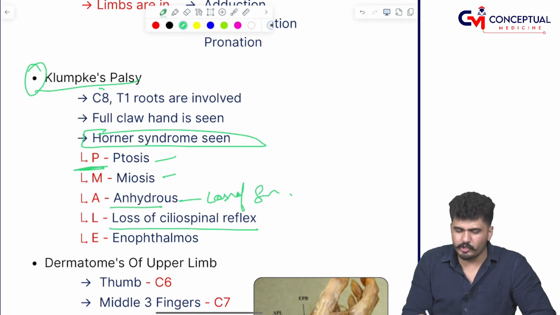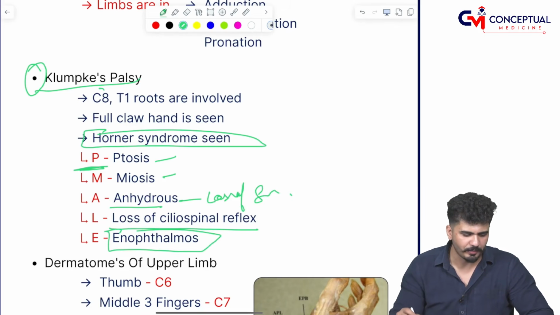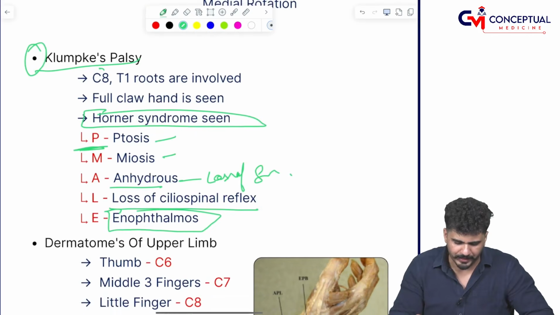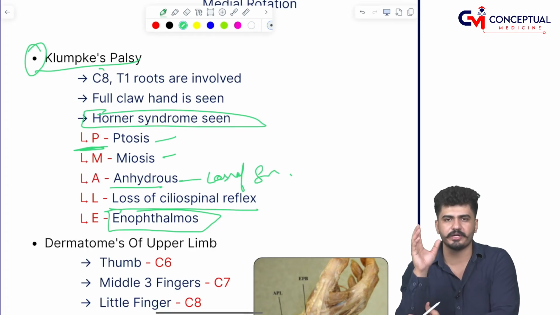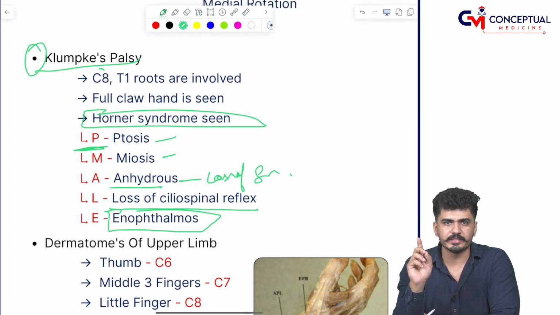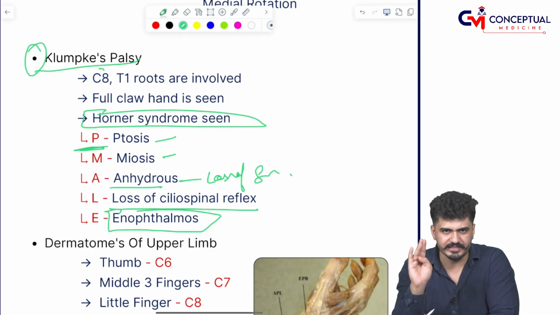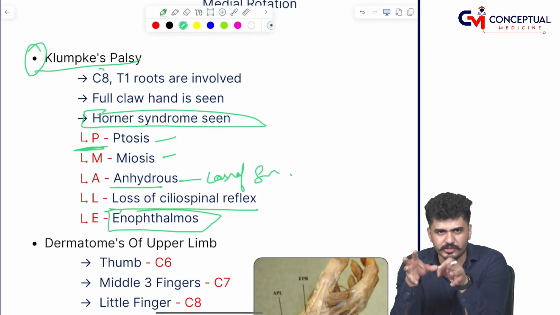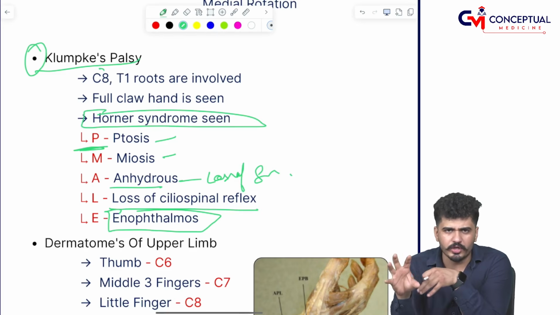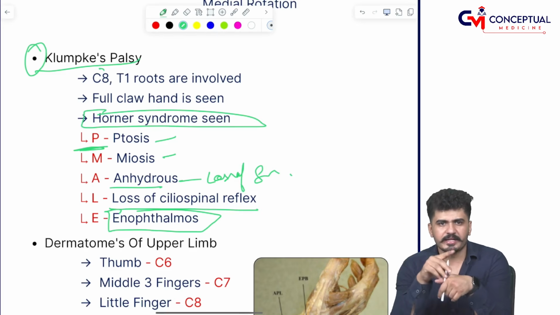Then loss of ciliospinal reflex, and the eye going inside, that is enophthalmos. So मेरे साथ में Horner syndrome का mnemonic याद करेंगे: ptosis, miosis, anhidrosis, loss of ciliospinal reflex, and enophthalmos. So these are the important mnemonics. P-MALE is associated with Klumpke's palsy, full claw hand associated with again Klumpke's palsy.